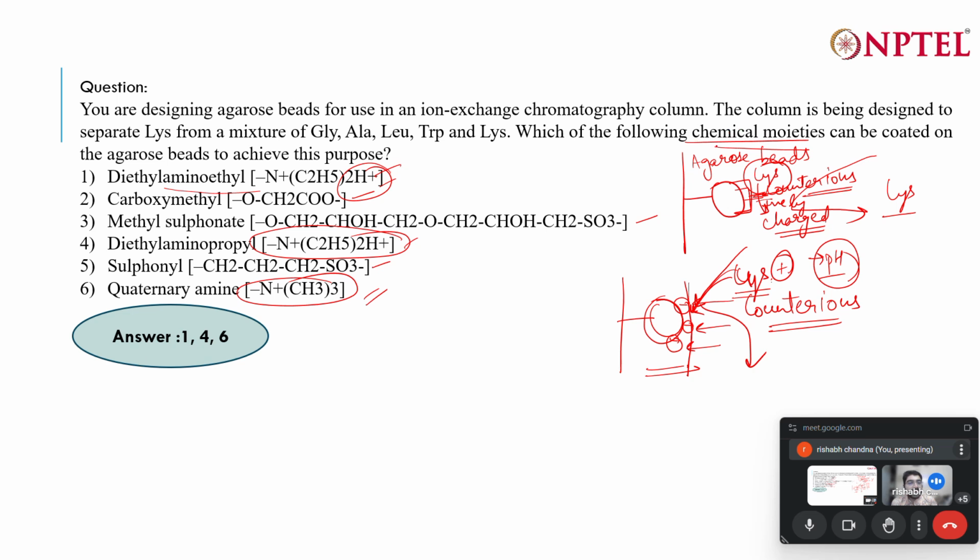So yes, for the chemical moieties that we have seen here, for the negatively charged point, options 2, 3, and 5 are fine. Because these negatively charged beads are because of the negatively charged groups that have been added to the agarose beads. But for the counter ions point, options 1, 4, and 6 would be correct.